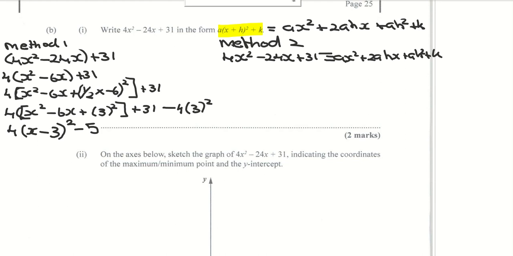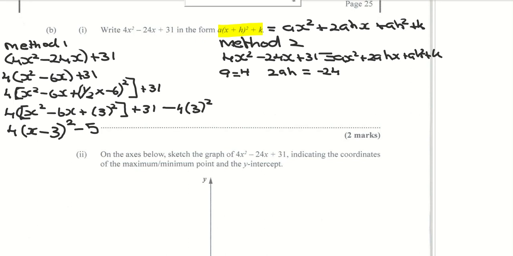Meaning, what is my term in front of x squared? The term in front of x squared here is a, and the term in front of x squared there is 4. So a is equal to 4. Next one, what is the coefficient of x? That's minus 24. And the coefficient of x in here is 2ah. So 2ah is equal to negative 24.